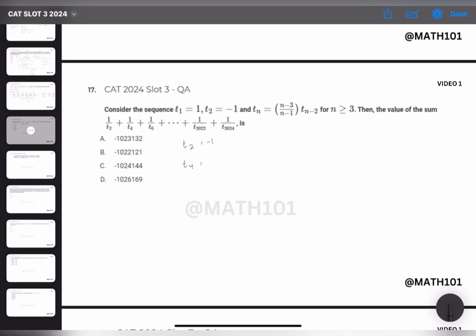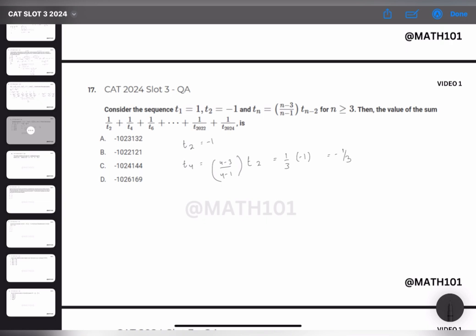T4 equals 4 minus 3 upon 4 minus 1 times T2, which becomes 1 by 3 times minus 1, so minus 1 by 3.